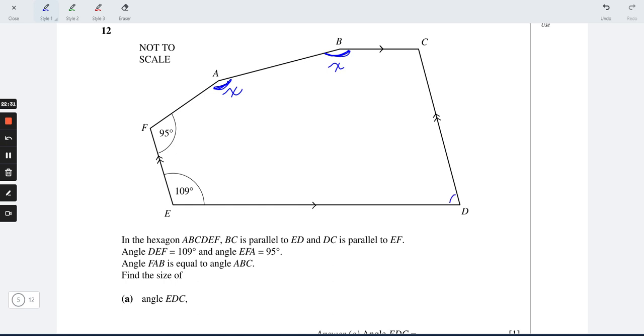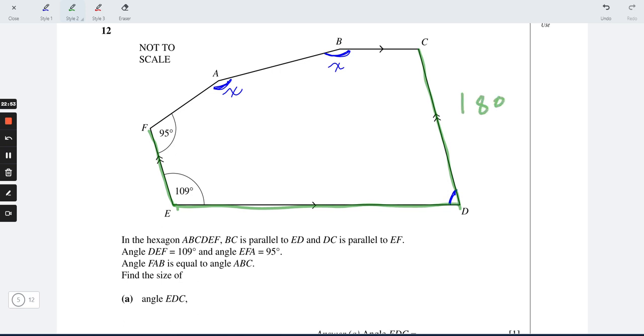So they need this angle EDC. The idea here is to work it out like this. We have two parallel lines, so you need good knowledge of angles and parallel lines. These two angles are supplementary and add up to 180 degrees.